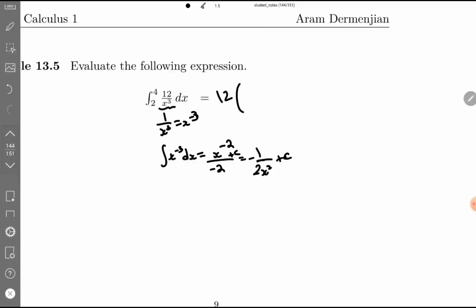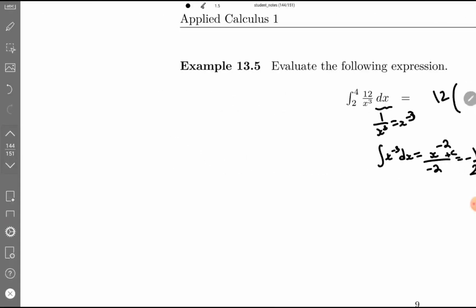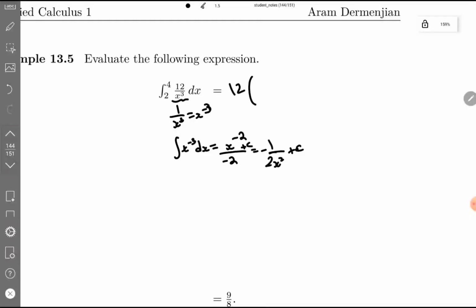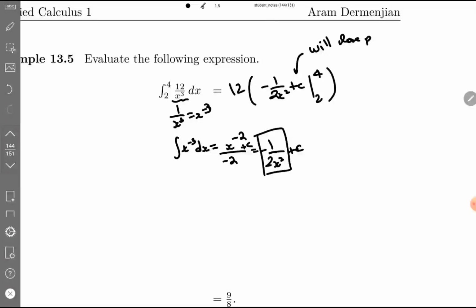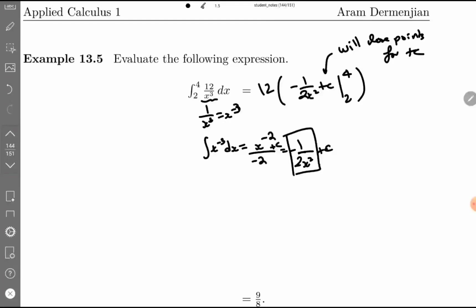Okay, so what do we do here? When we plug in this antiderivative, we actually do something we're kind of not supposed to, and this is where the confusion kind of lies: we forget about the plus c. And you'll actually see why. I'll put the plus c in for now, and you'll see why we don't actually need to worry about it. So here we have minus 1 over 2x squared plus c from 2 to 4. You would lose points here for most classes if you put this plus c, because here we're not asking for the indefinite integral.